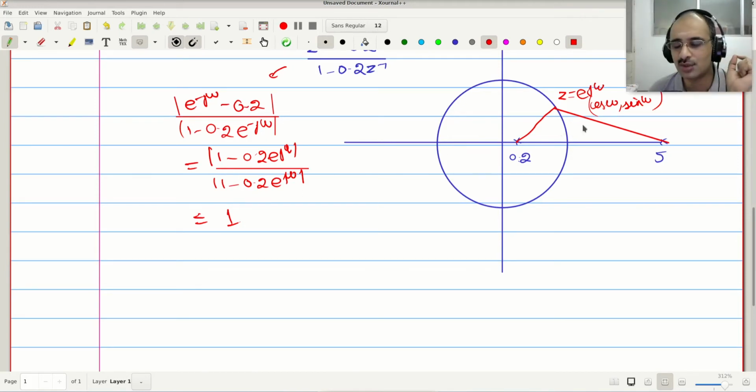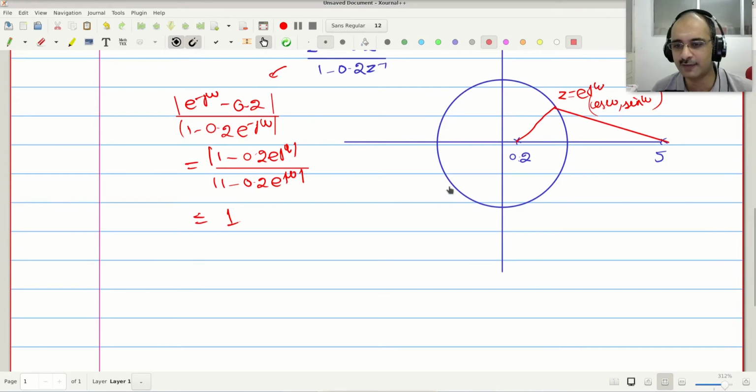But there's a slight issue. Over here, if you see, it seems that this 5 is much farther and this ratio is not exactly 1. Okay, why is this the case? Let's actually do the maths over here. What is the distance between this point and 5?